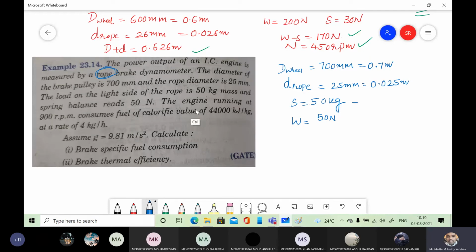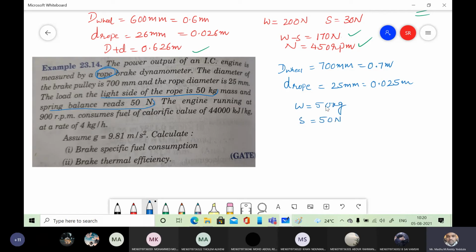And if you see here, the load on the light side of the rope is 50 kg mass, and the spring balance reads 50 Newton. W is equal to 50 kg, S is equal to 50 Newton. Agree?